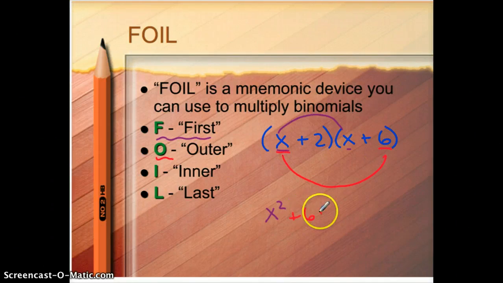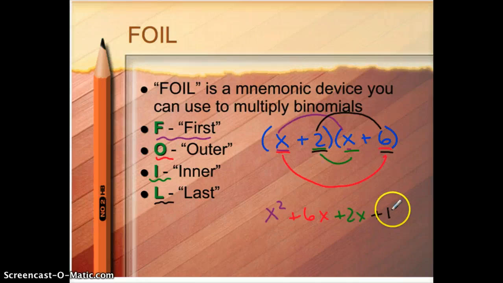So I've got 6x. I'm going to take my inner terms, which is going to be this 2 and the x, and multiply them. 2x. And then L, I'm going to take my last terms, this 2 and this 6, and multiply them. Okay, so again, you can see I'm going to add my like terms, x squared plus 8x plus 12.